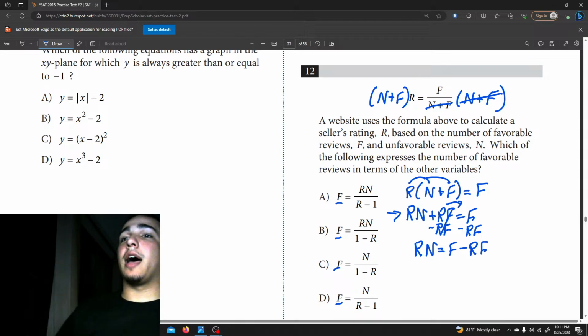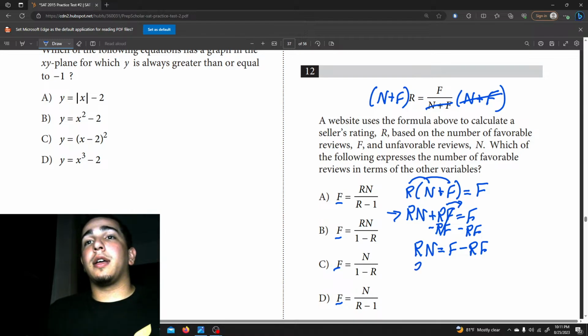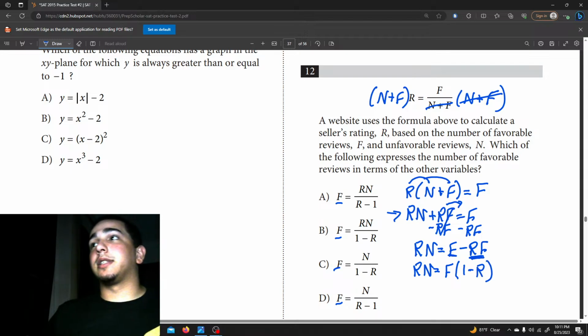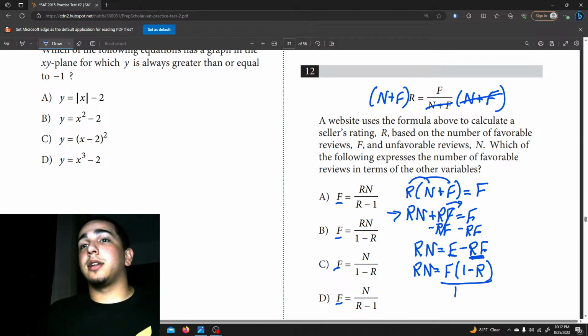Now that we have both f's on one side, we can factor them out. This will be rn equals f times, if we factor out an f from this first term, we'll have 1 minus, and if we factor out f from this second term, we'll be left with r. And the last step to get f by itself is to divide both sides by 1 minus r.